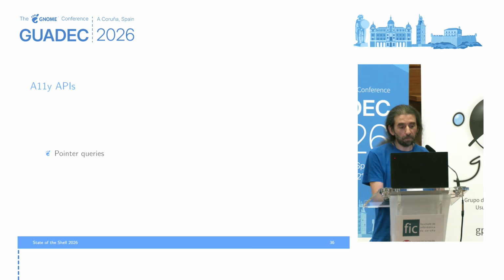There's been also some improvements in terms of accessibility. And we implemented a DBus interface, which is private for screen readers, so they can query for the pointer position. This used to work before based on global coordinates, which was a no-go for Wayland.